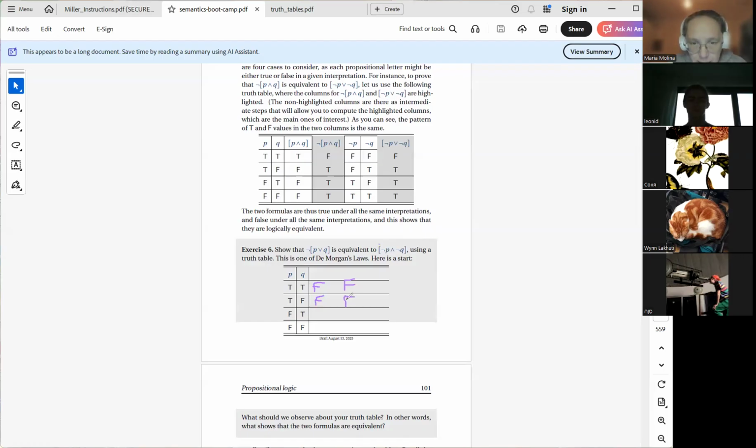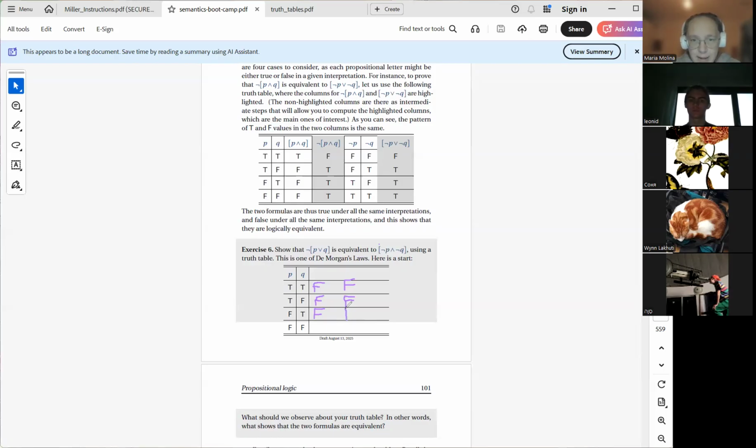Again, now if P is false and Q is true, what do we get in negation of P or Q? That's easy, guys. False, right? And in case of negation of P and negation of Q?